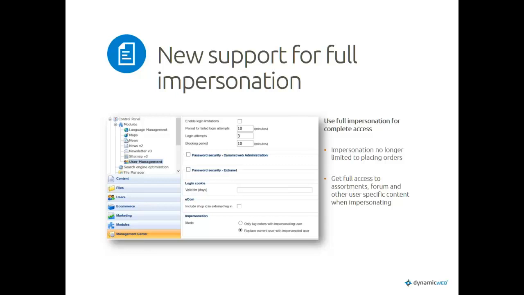And when you're done, you're able to log off as that user, and you will be re-logged in as your own user when you do that. So that's what we call full impersonation or real impersonation.